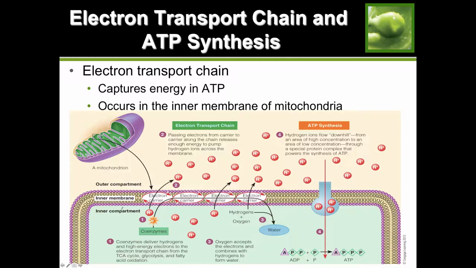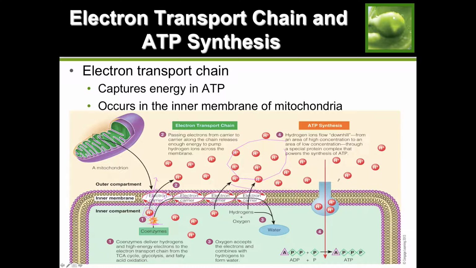So here's what you need to see, okay? Your coenzymes go ahead and bring your hydrogen and electrons, okay? And up here you have these electron carrier chains. As the electron hops through these one after the other, it charges them, it actually powers them to grab this hydrogen and spit it out here against the concentration gradient. Because it's going against the concentration gradient, it's going to require the energy, and this is why the electron is there. So once this starts getting saturated up here, all these hydrogens, what happens?